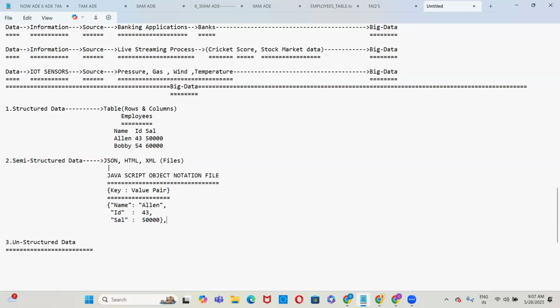So after this, you have one more row. One more comma is given outside the braces here, and the same thing is repeated.